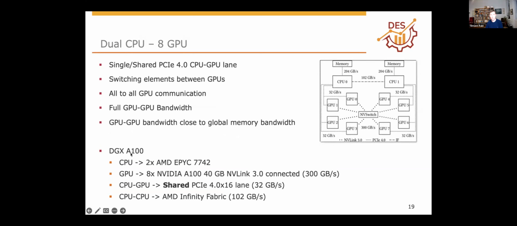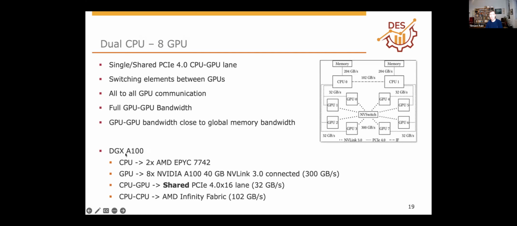Now we have the H100, where we have 8 GPUs, 2 CPUs, and large amounts of memory, and the GPUs are connected with PCI Express to the CPU, but they are interconnected with NVSwitch. So they have a complete interconnection, like a network basically, where each GPU can communicate with each other with very high throughput. And in the A100, we have NVLink 3.0, with 300 gigabytes per second.